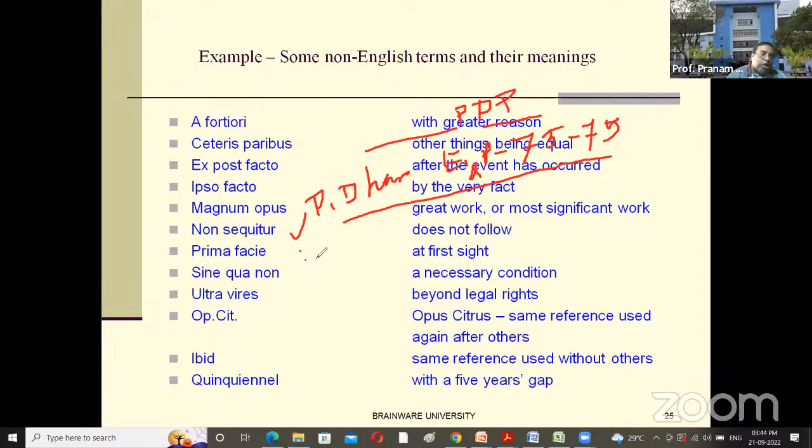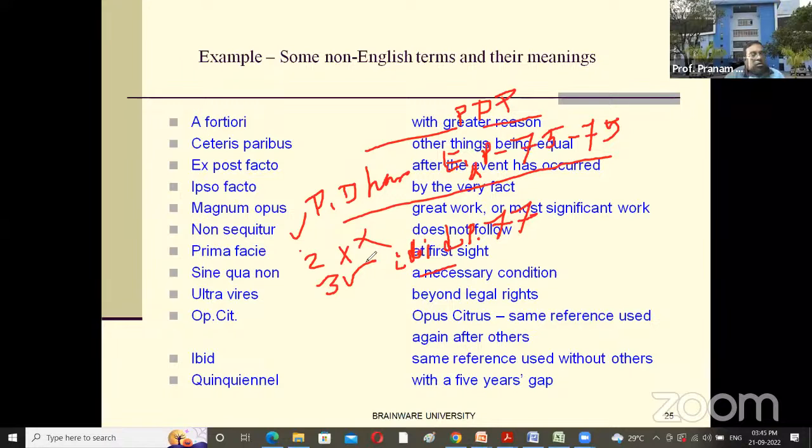In page 2, there is no reference. In page 3, again the same reference is given. Then you just write Ibid, but different page. So Ibid, page 77. So this is the concept of Ibid. When there are same references simultaneously with no other reference in between, then you place Ibid.